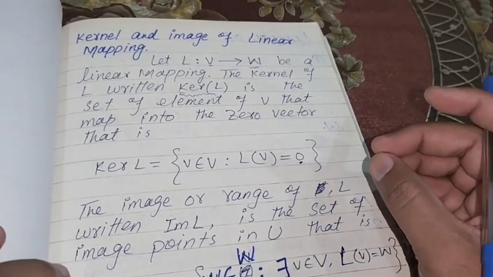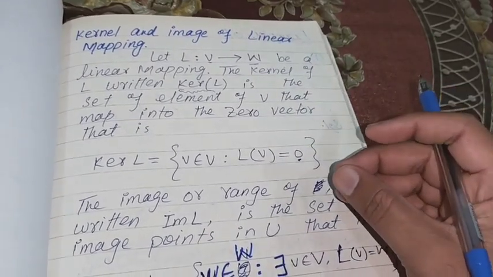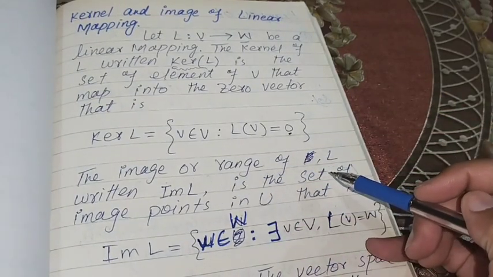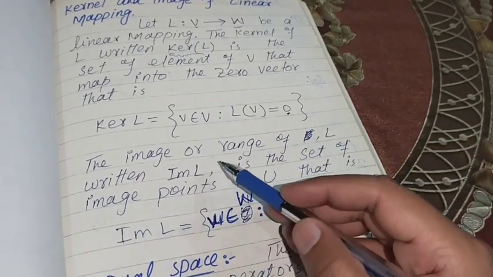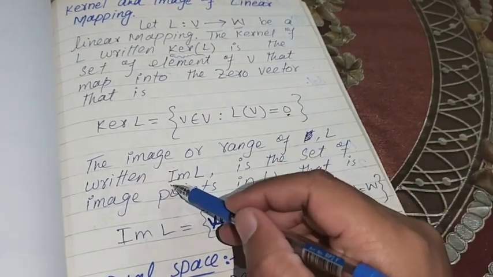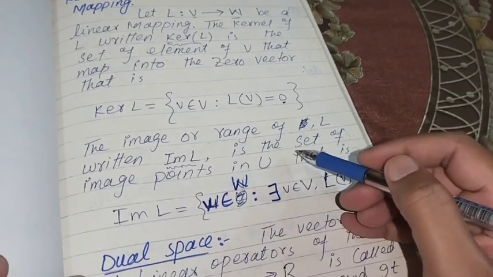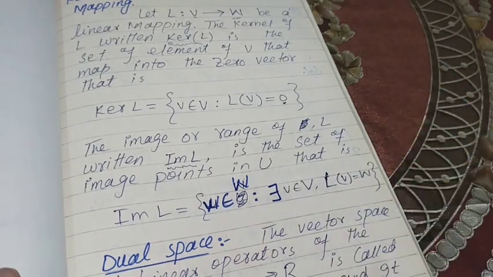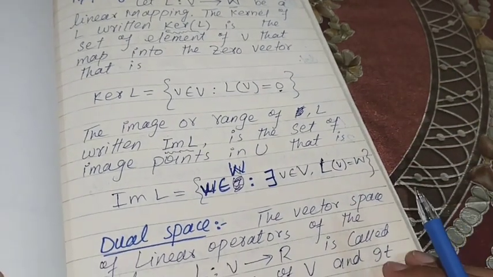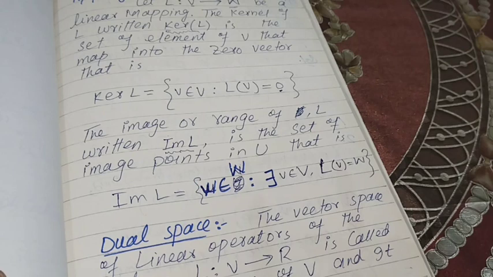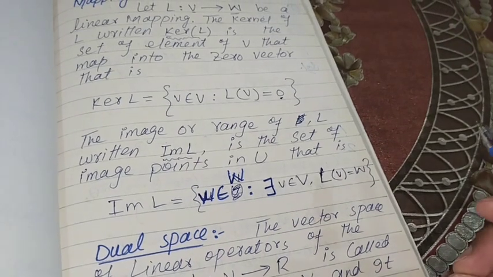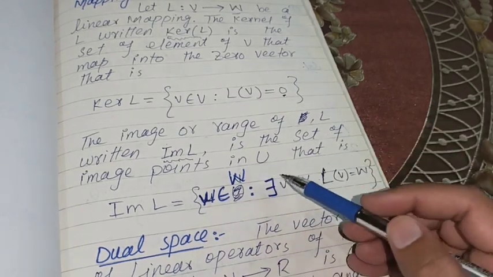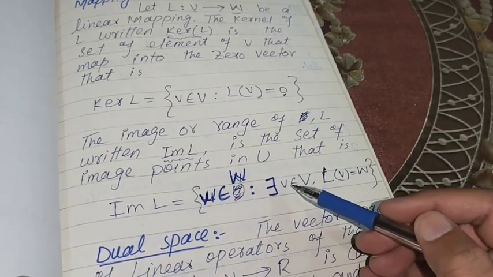All these elements belong to the kernel of L. And similarly, we define the image or range of a linear operator L. The image is the set of image points, and we simply say that the image or range is the set of image points of U.